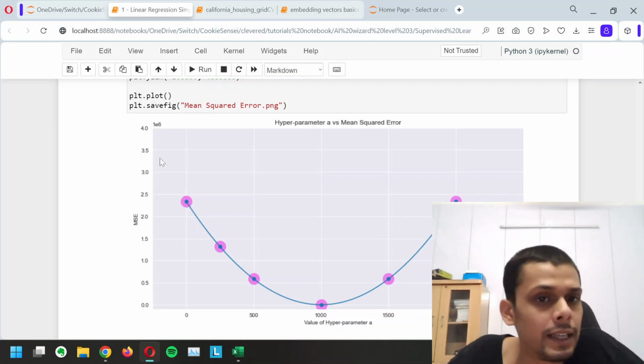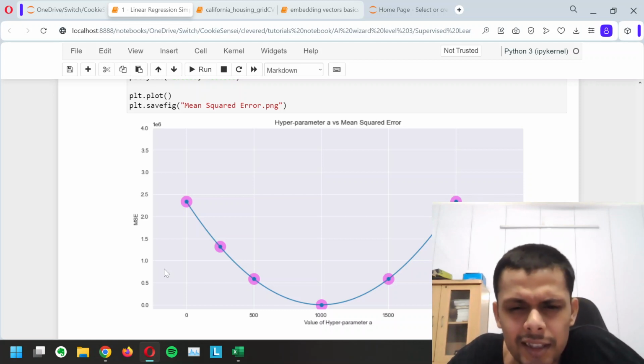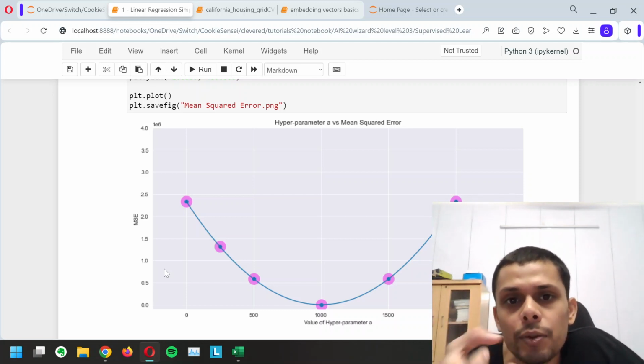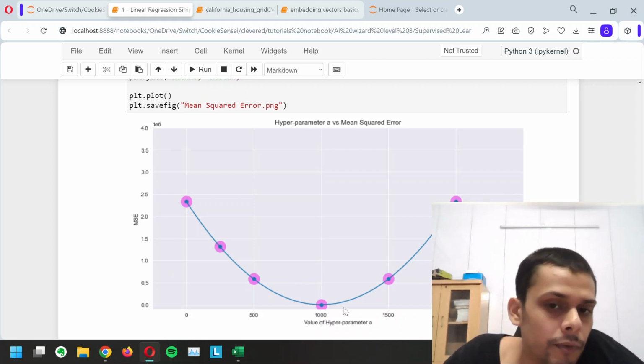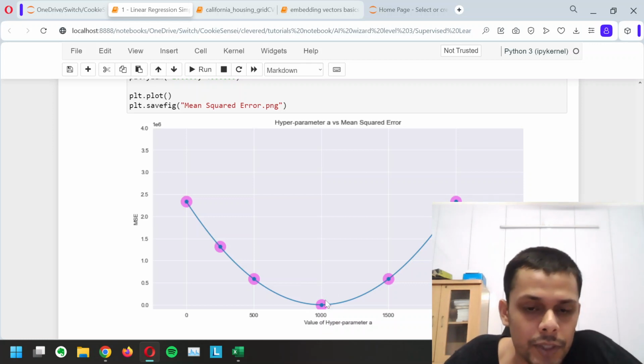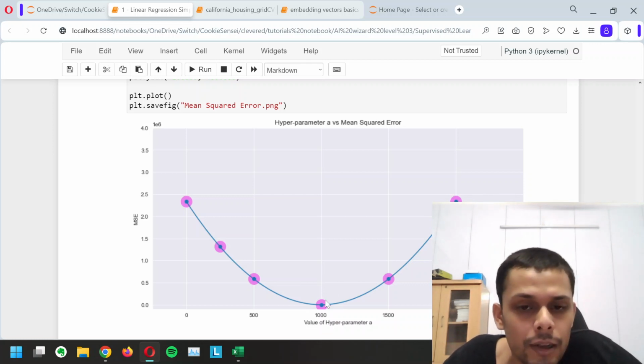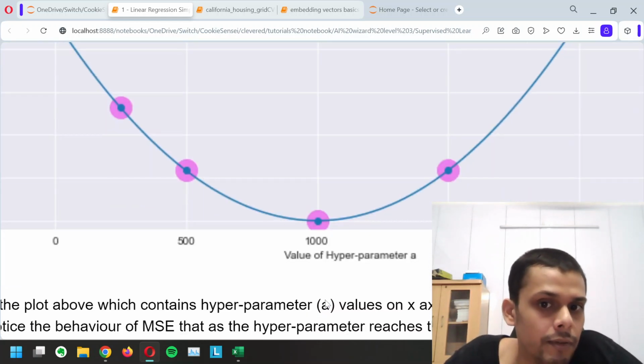And on the y-axis, I'm plotting the cost, which is mean square error at this stage. But anyway, we are discussing how to reduce this cost, how to reduce the error. And when we have reached the optimum value of the trainable parameters, which means we have reached the lowest error rate, the optimum solution, we record the value of that particular trainable parameter, which is 1000.